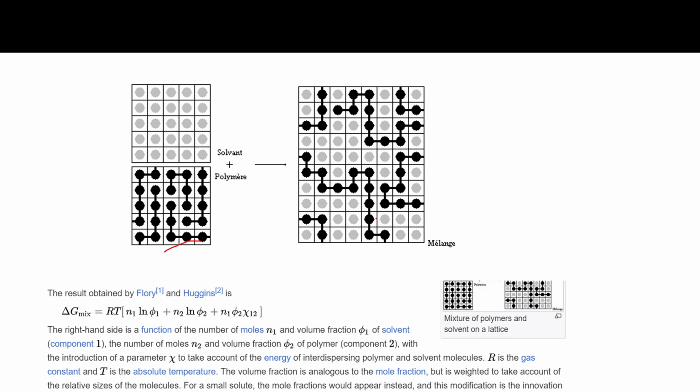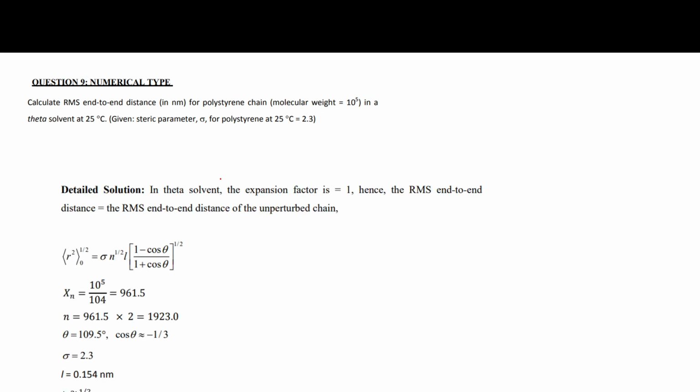First the solvent molecules come and take part in between the polymer chains, then the polymer becomes a little soluble. From that we can know about the chi parameter, the solubility parameter between solvent and polymer. If they are near each other, it is a good solvent for this polymer.